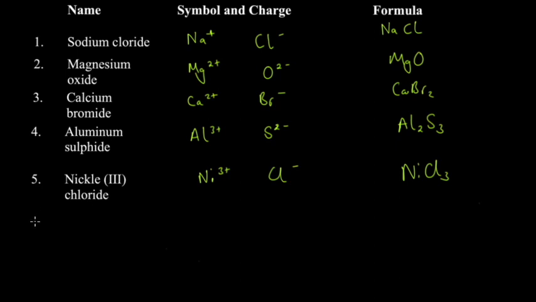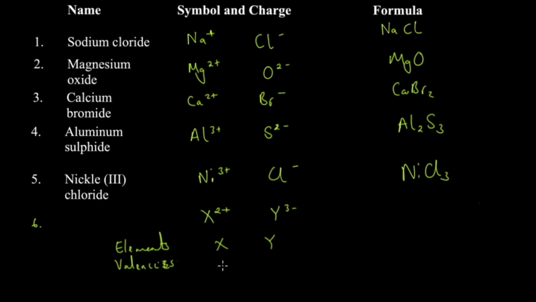So what I realize is that ZIMSEC sometimes gives you hypothetical situations. Okay, so they can tell you, let's say the ions there, X 2 plus, and then let's say Y 3 minus here, like this. So what would be the compound that would be formed? Still, it's the same thing. You just go to your elements here. Okay, so your elements are X and Y. Then you write your valencies.